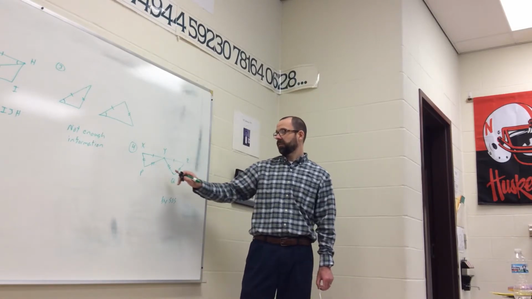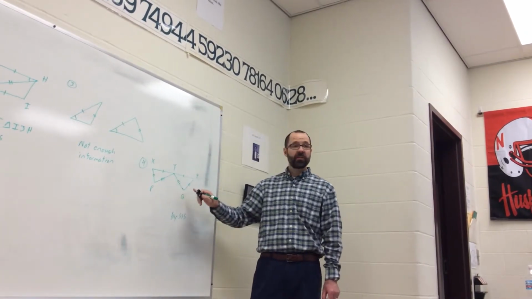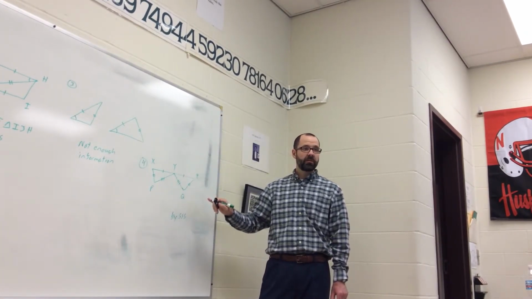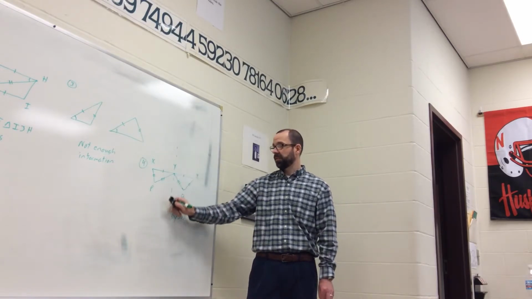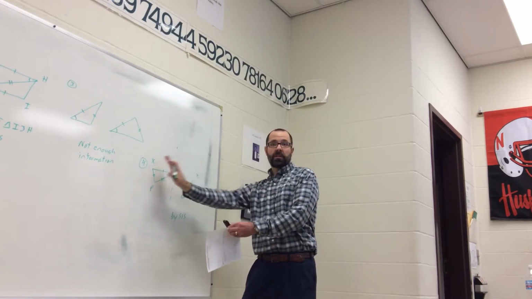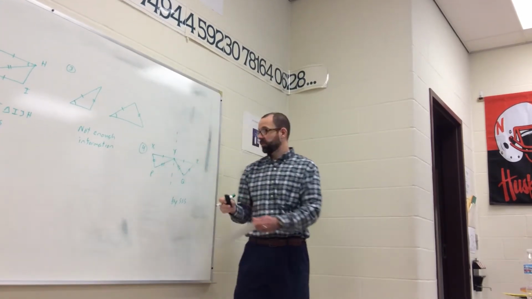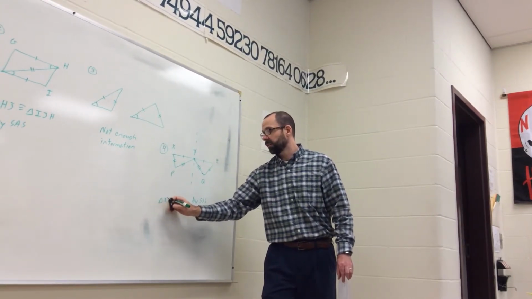Now, what transformation will map this triangle onto that triangle? Yes, Scott. Good. See this line? If you reflect it across that. So when we write down our triangles, I'll go with triangle XYP.